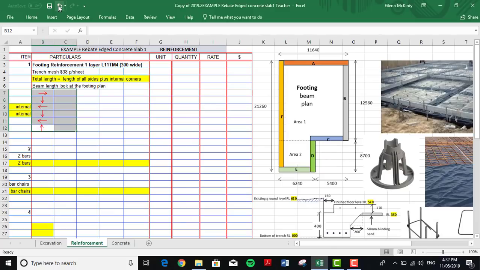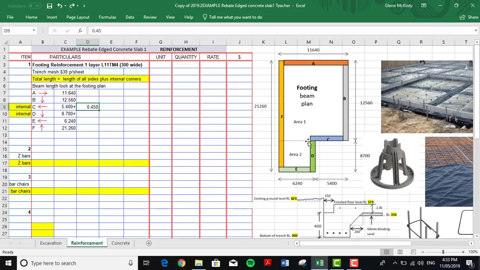So just to start with, we've got to label our footing again. We start at the top and go clockwise around, A, B, C, Ds. And then we put our lengths in, the plan lengths in. There we go. Now on these internal corners, we've got 5.4 from corner to corner.